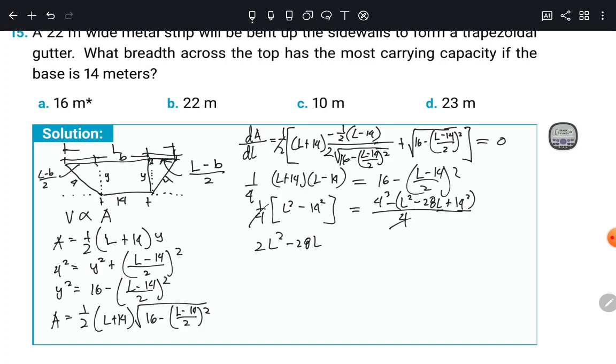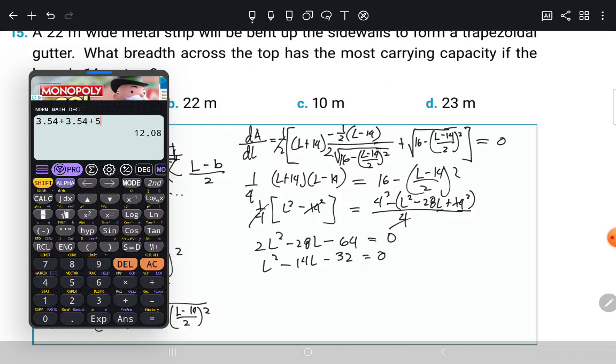We put it at the other side, it will still become minus, because minus minus is positive, then becomes negative. Then 4 cubed is minus 64, and this is equal to 0. Then divide by 2. So L squared minus 14L minus 32 equals 0.